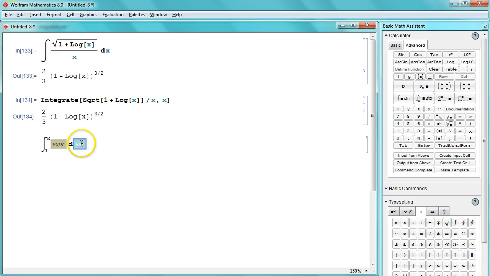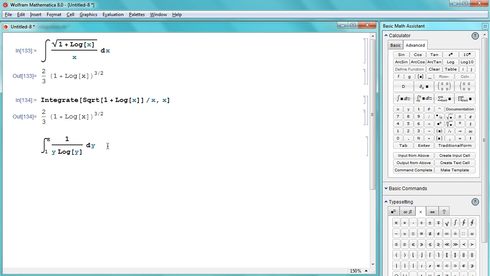This time let's use the character y, and what shall I create here? Fraction, and in the numerator, let's put, I don't know, just 1, and in the denominator y times log of y.